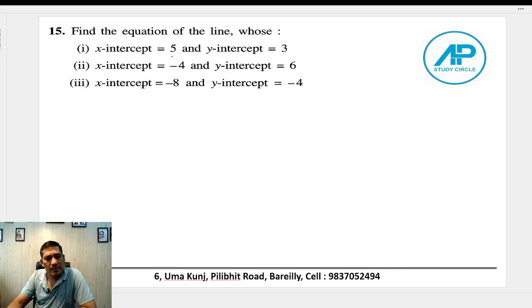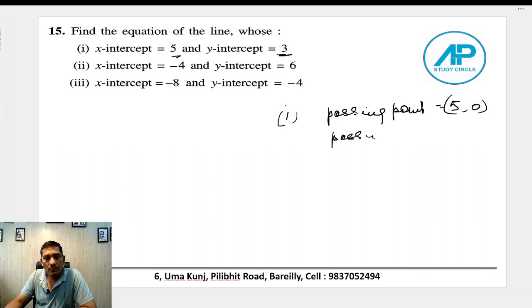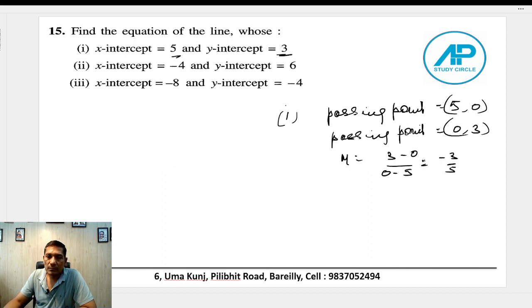You have been given x-intercept and y-intercept. Let us solve the first part. So x-intercept 5, passing point 5, 0. Y-intercept 3, passing point 0, 3, slope 3 minus 0 upon 0 minus 5, minus 3 upon 5, the slope of the line.